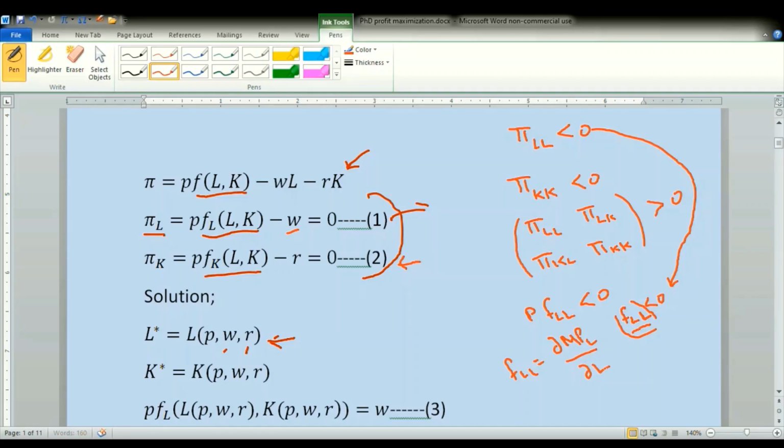So this is what is equal to FLL, and so we require that this should be less than 0, which means that the marginal product of labor is falling.